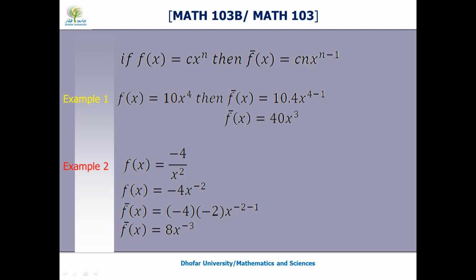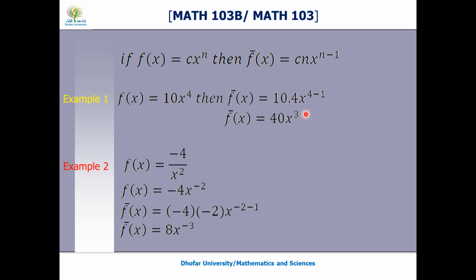As an example, let's see if we have this function f of x equals 10 times x index 4. So the derivative will be, we bring 4 in front of 10, we multiply it by 10. So it becomes 4 times 10 times x, and the new power of x will be 4 minus 1, that is 3. So 4 times 10 is 40 times x to the power of 3.